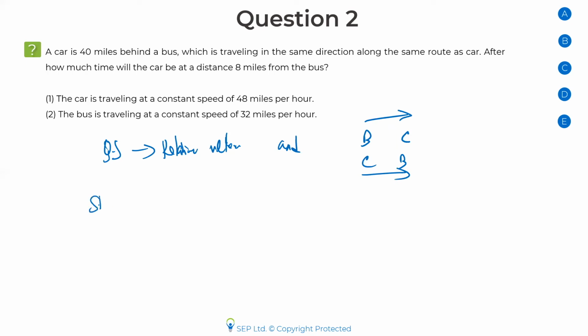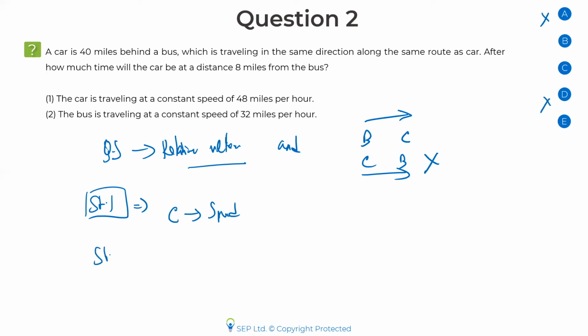If I analyze statement one, it gives me the speed of the car, which is not sufficient to answer this, and not sufficient to get the relative velocity. So I'll eliminate option A.